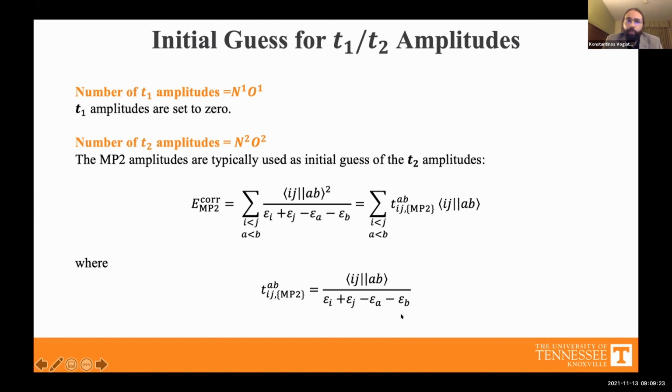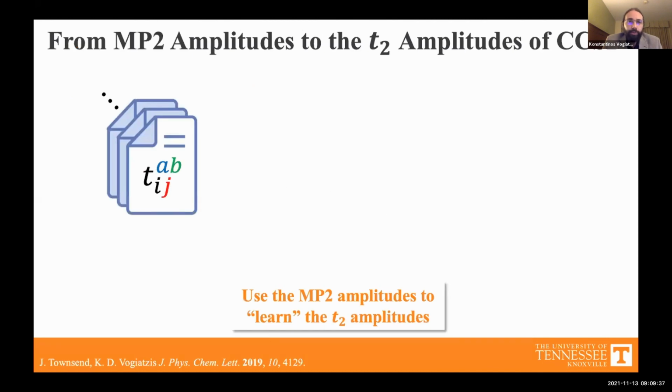So at that point, we made a hypothesis a few years ago that we can use all this information that is included already in the two electron promotions from IJ to AB and extract a set of information features that we can use in order to map the T2 amplitudes from MP2 theory to the CCSD T2 amplitudes.